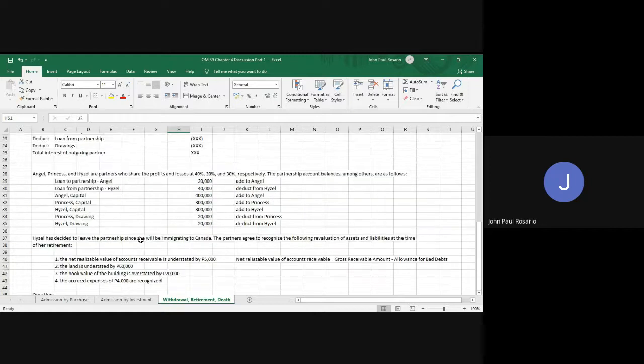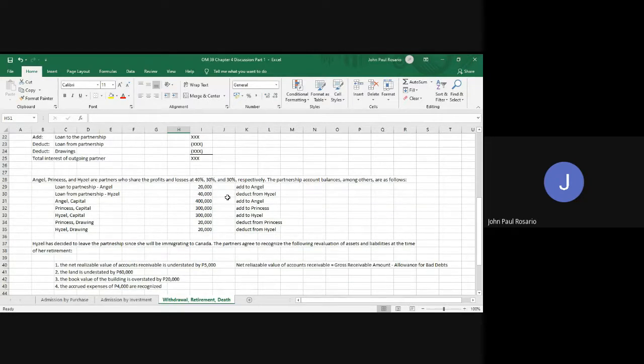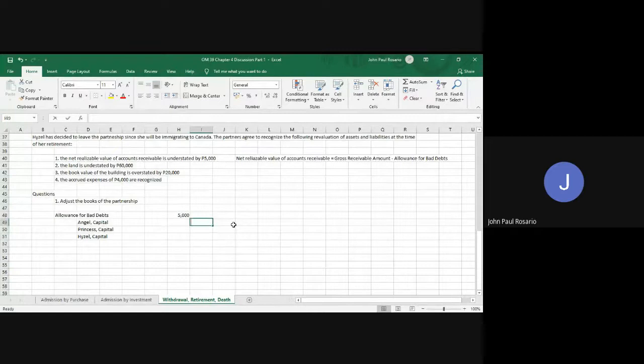Angel is 40%, while Princess and Hazel are 30% each. So this is 5,000 times 0.40, 5,000 times 0.30, and 5,000 times 0.30.